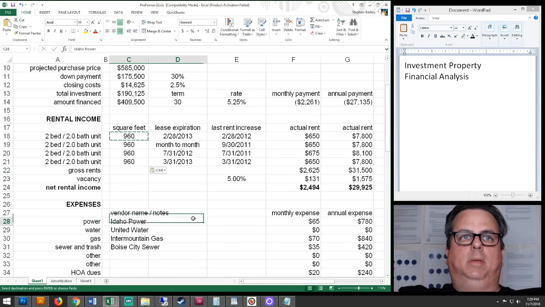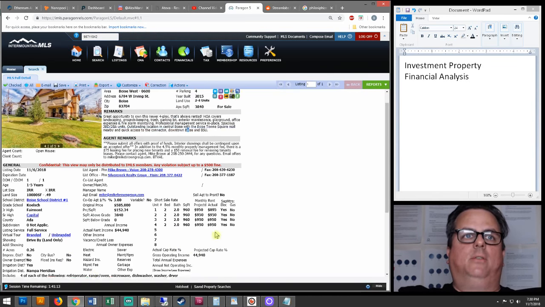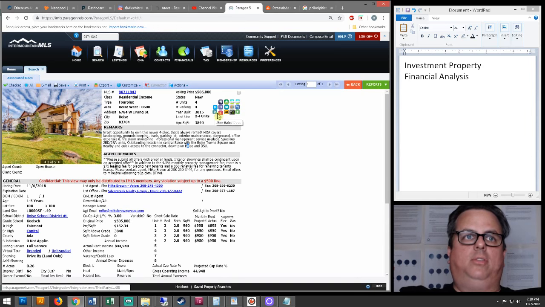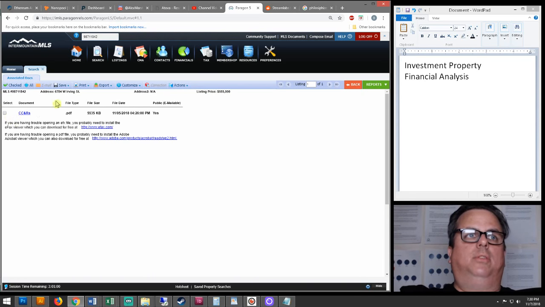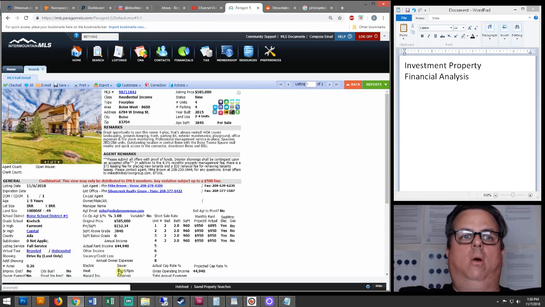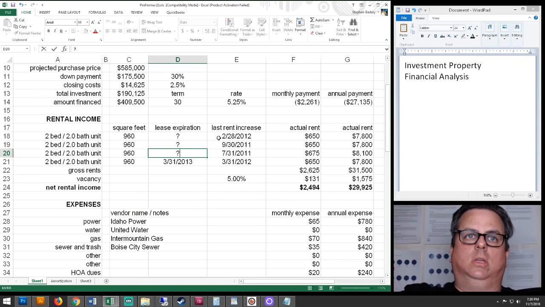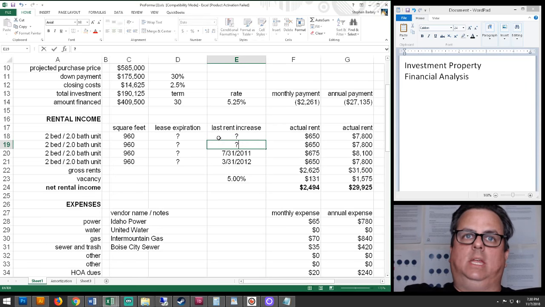So again, we can just copy and paste. Lease expiration, we don't have that information unless they've put it in the Docs tab, which is not there. So for now, we'll simply put a question mark, and the same thing for the last rent increase.